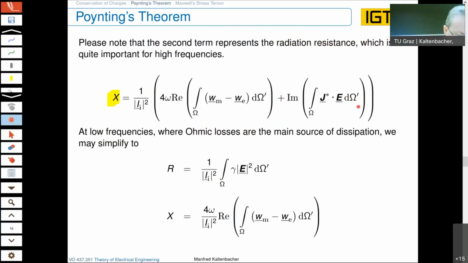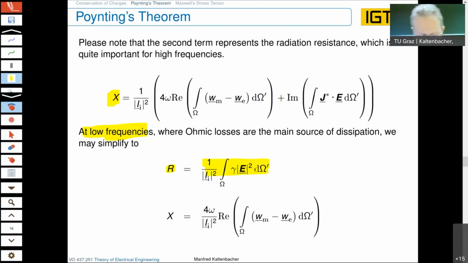And if you go to low frequencies, what we really have are the real part, where we simply can write this here in this sense that we neglect that there is perhaps also some additional induced eddy currents due to Faraday's relation.